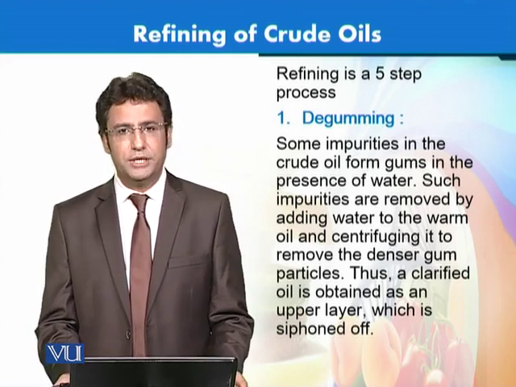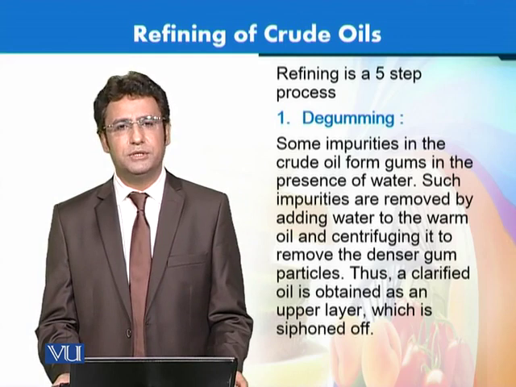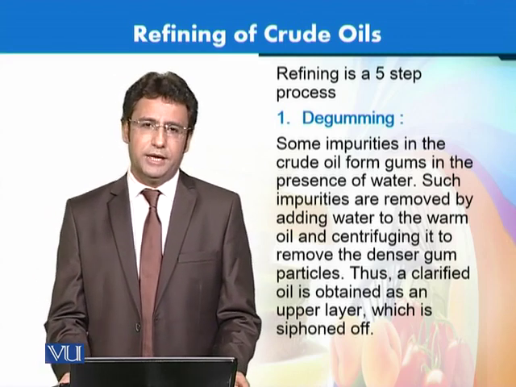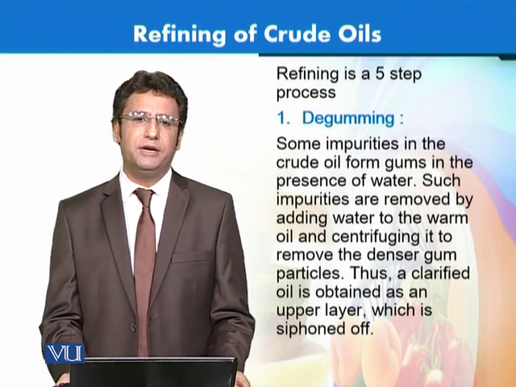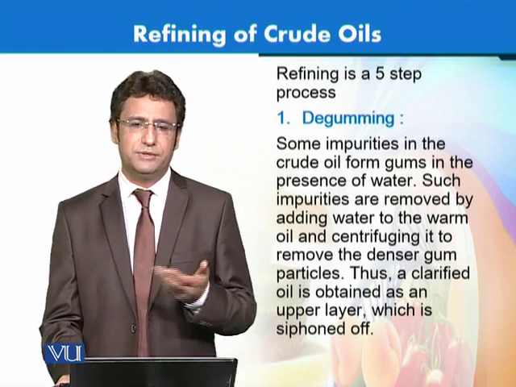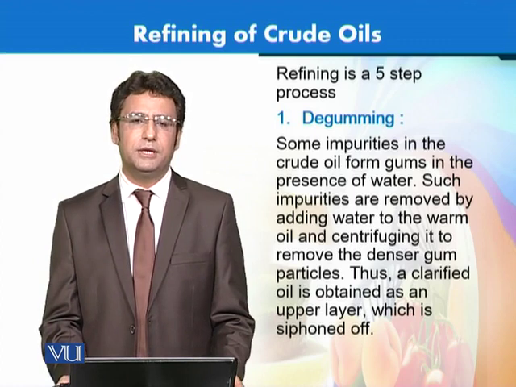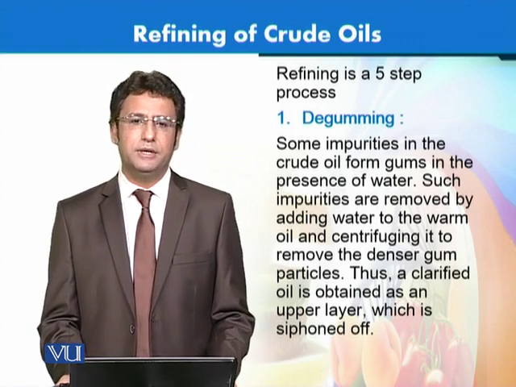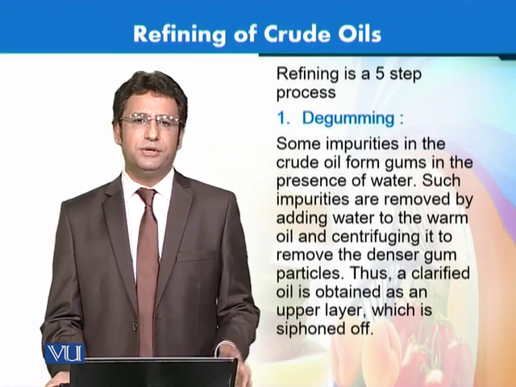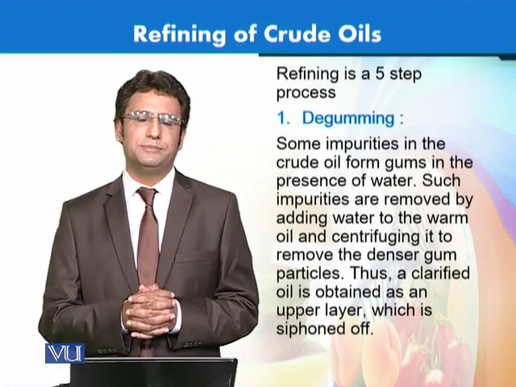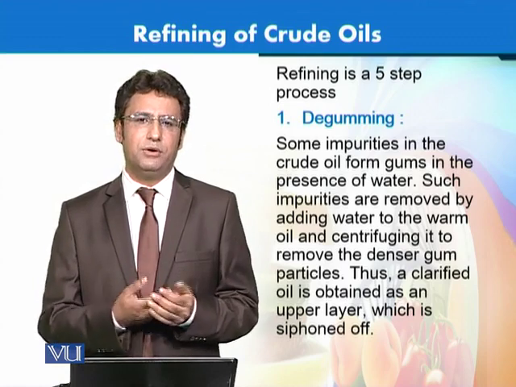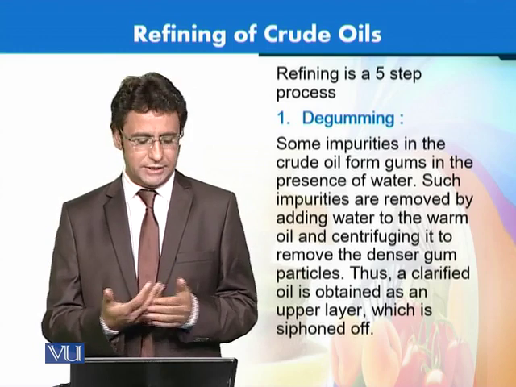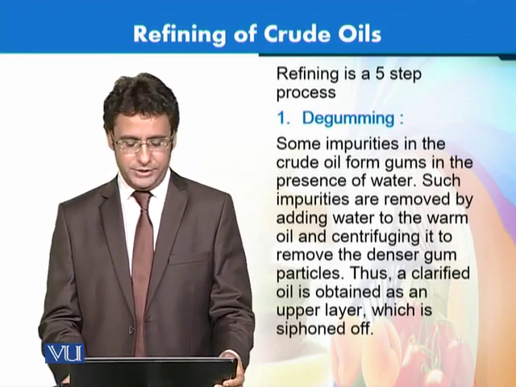So these impurities bind with water and make up a gum-like structure, and these gums might float on the surface of the vegetable oil, and they are removed from the upper layer. They are siphoned off, so we are left with the fat or vegetable oil that has been freed of all these gums. So this first process is called degumming.